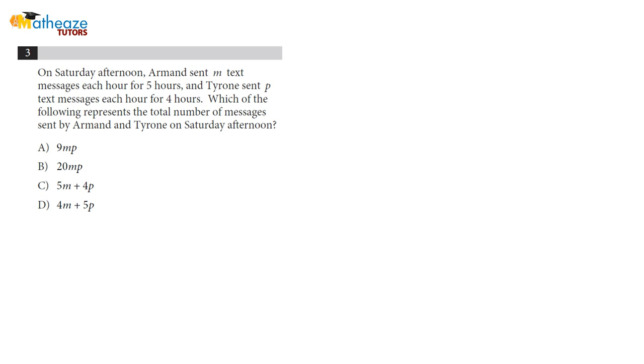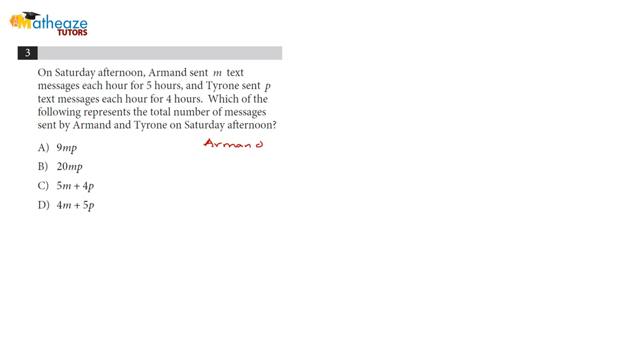Number 3, we're told on Saturday afternoon, Amand sent M text messages each hour for 5 hours, and Tyrone sent P text messages each hour for 4 hours. Which of the following represents the total number of messages sent by Amand and Tyrone? So let's look at Amand first.